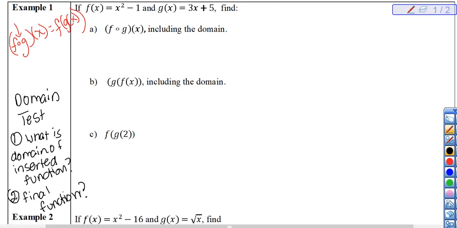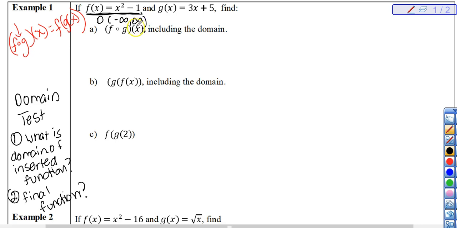So I would like you to always, when we're working with functions, first clue into what the domain of our f of x is. I'm going to be doing my f of x in black pen today. So first let's identify: this is a quadratic function, so its domain is completely unrestricted.